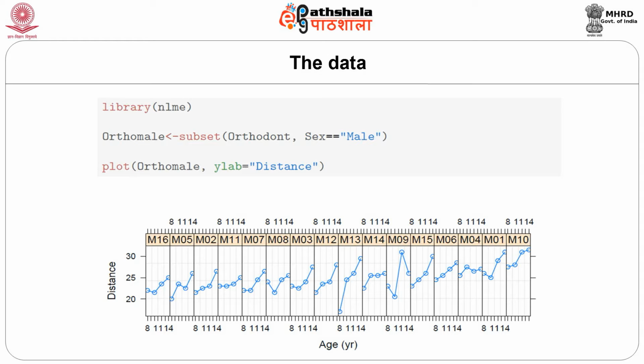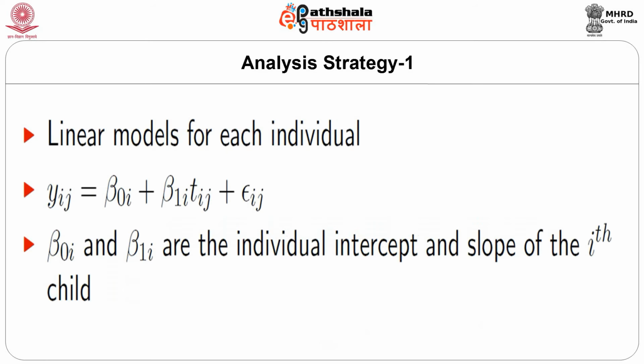So, the analysis strategy that we can take is we fit a linear model for each individual, meaning if Yij is the response variable, here the distance ij. So, i signifies the subject, j signifies the time point, i is here 1 to 16, j is here 1 to 4, and we fit a linear model or a simple regression which is like beta naught i plus beta 1 i Tij plus epsilon ij.